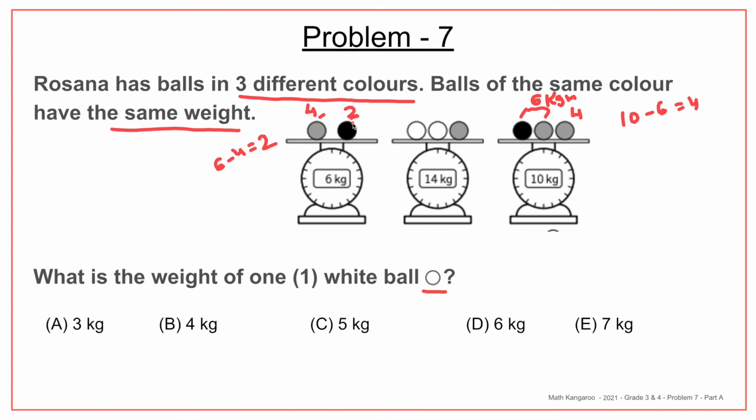Now we know the weight of the gray ball, 4 kg. The total of 2 white balls and a gray ball weighs 14 kg. That means the remaining weight, 14 minus 4, is 10, to be distributed between 2 balls, that is 5 kg each. So the weight of a white ball would be C, 5 kg.